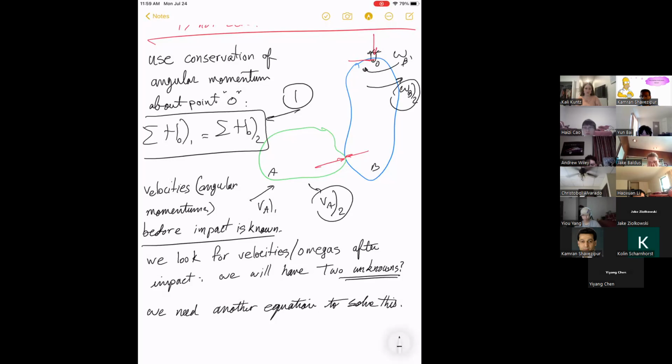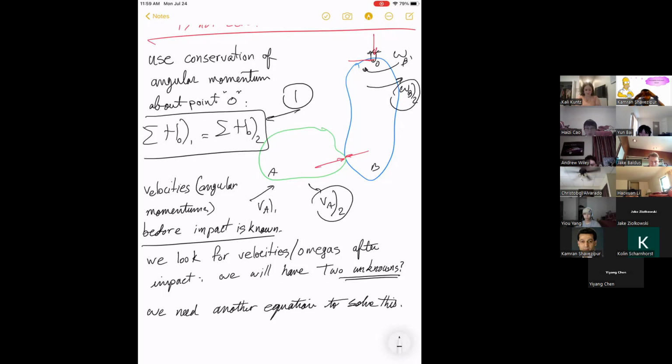Do you remember how we get another equation for impacts in particles? We defined a physical parameter that defines the nature of impact. The coefficient of restitution. So again, remember, impact is not just hitting and bouncing back.